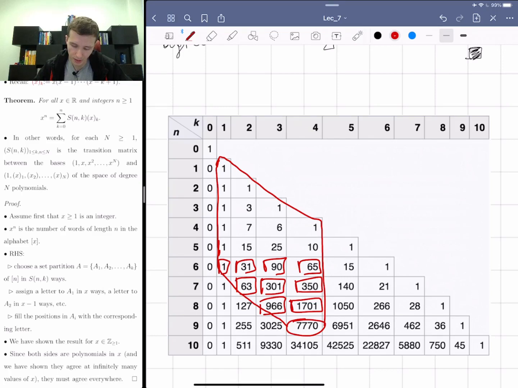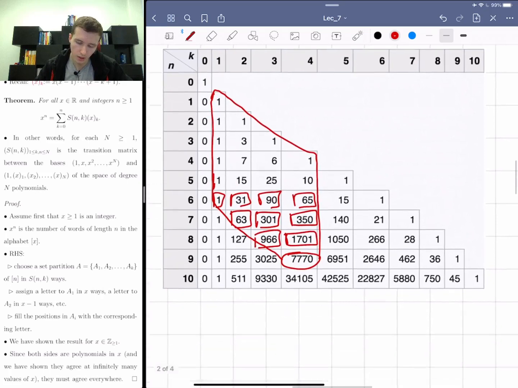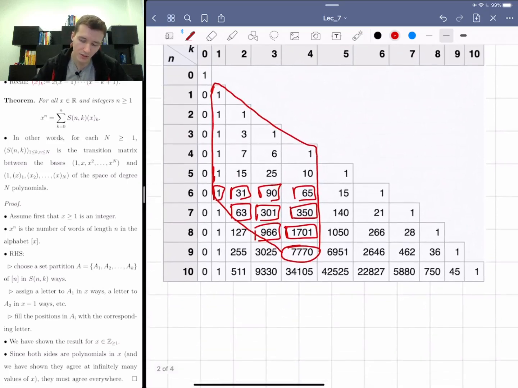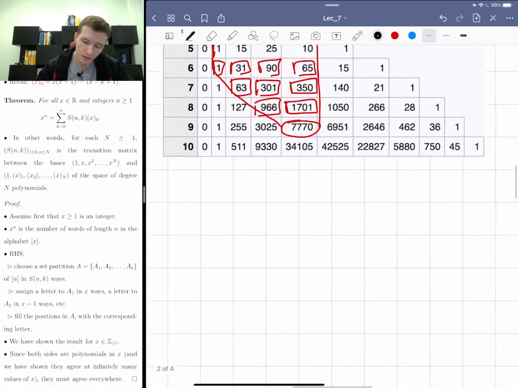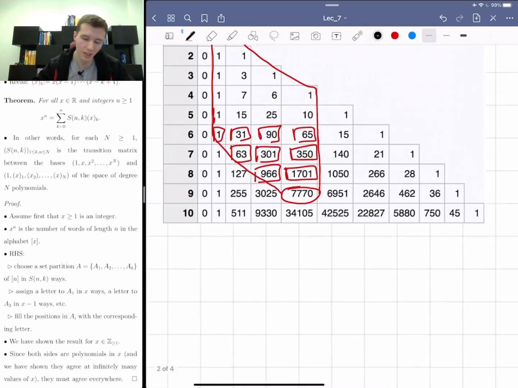I mean, it's nice, but if you had to write a program, then your program would have to compute a lot of numbers. That's just true. So let me try to write basically the same recurrence, but in a slightly more convenient way, so the program you write is slightly better in some sense.